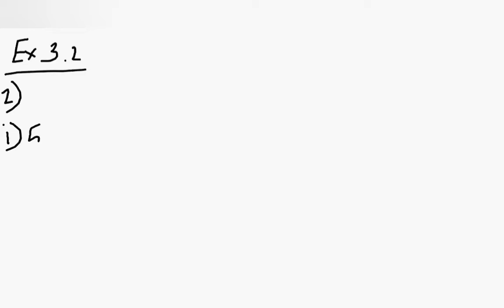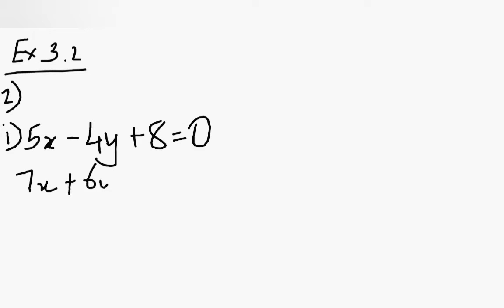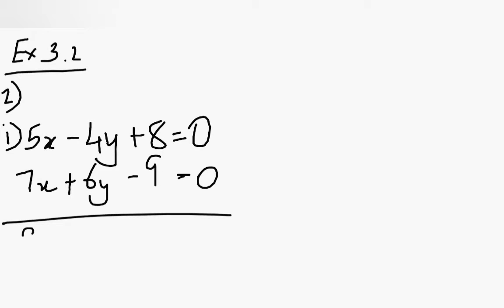Now the question is 5x minus 4y plus 8 is equal to 0 and 7x plus 6y minus 9 is equal to 0. So what we will do is just write the ratios.